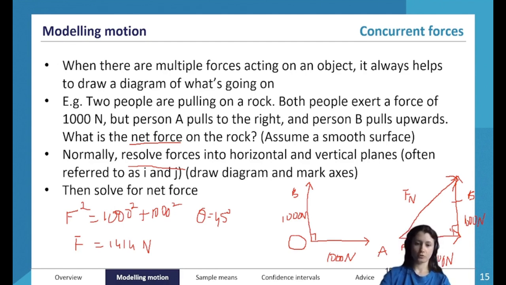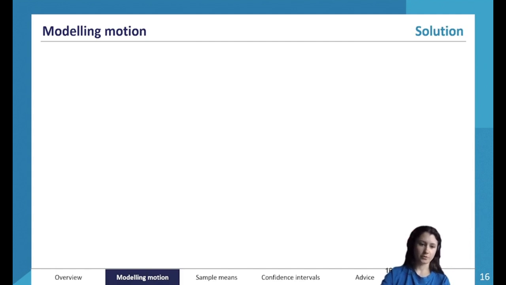Alright, so looking at the diagram we have here, we have 1,000 newtons to the right and 1,000 newtons upwards. Alright? So the actual maths that we will be doing here isn't really that different, but if you get into a more complex question, then the two methods are a little bit more different.